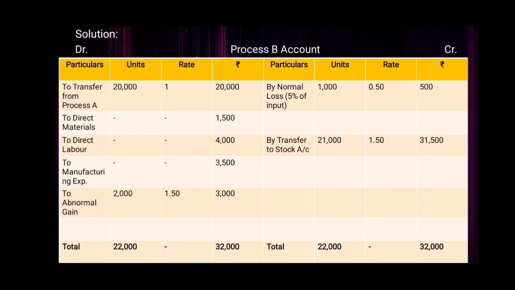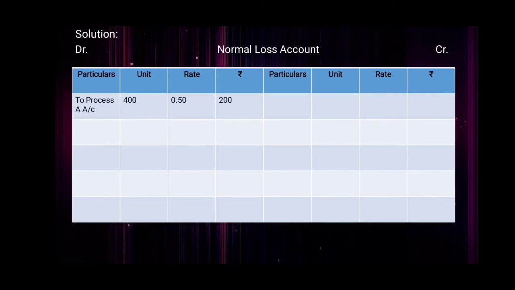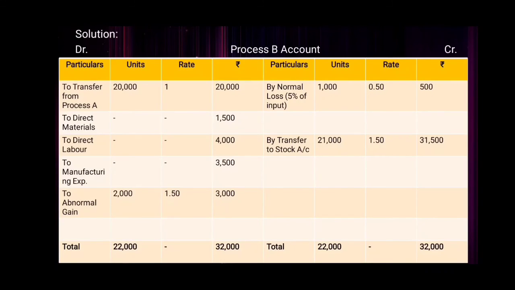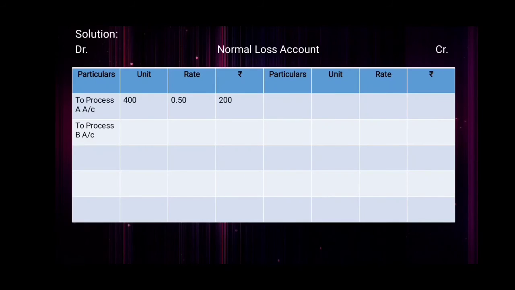For process B account, normal loss, unit is 1000, rate is given as 0.50. Total amount will be 500. So to process B account, 1000 units at the rate of 0.50. So the total amount will be 500.